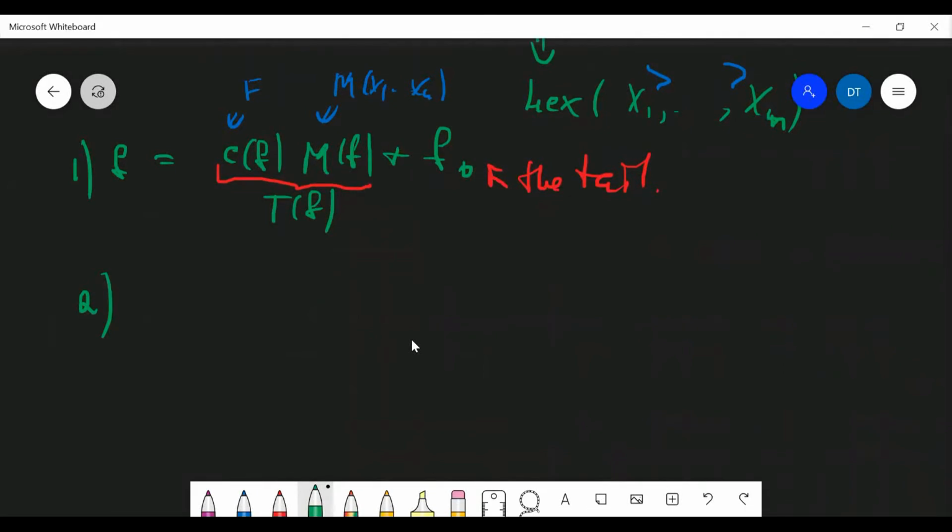Now, the second thing: we defined an elementary reduction. If we have a polynomial f and a polynomial g, we can reduce a monomial inside the polynomial f by the leading monomial of g, and we get f prime. That's the procedure of elementary reduction.